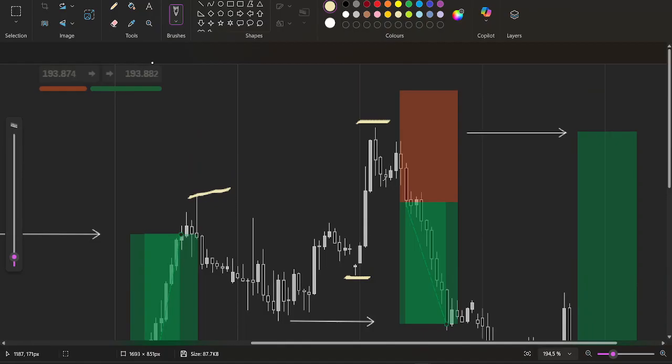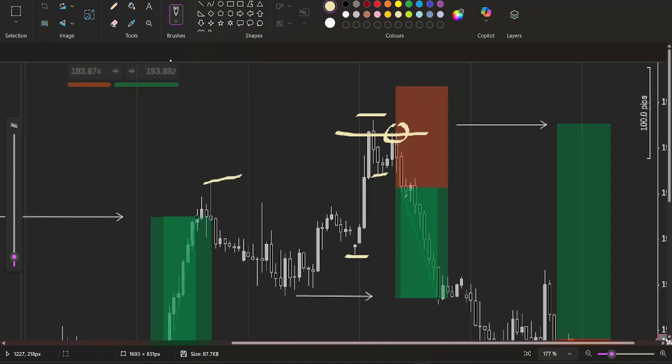We fall down, come back up again, another high. On my charting platform, I thought this high was the same level as this, because the spikes were within the same level, meaning we get a double, meaning that this is the low, and once broken, we change to the other side. Cool. And that was what I did.